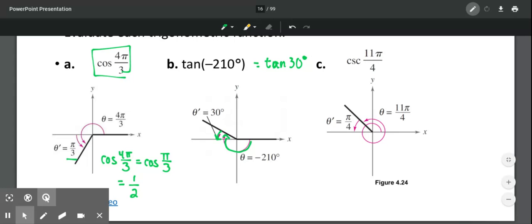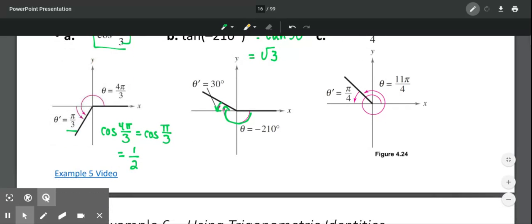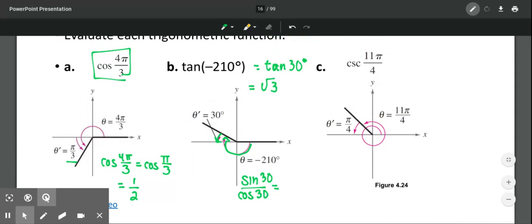And the tangent of 30 degrees, you can either have that memorized, or if you don't have your tangents memorized, then you would have to do the sine of 30 divided by the cosine of 30. Sorry, going back here. The tangent of 30 degrees is root 3 over 3. I misspoke on that one.